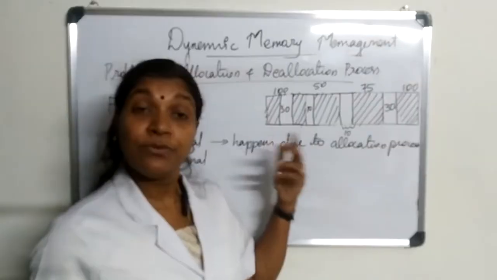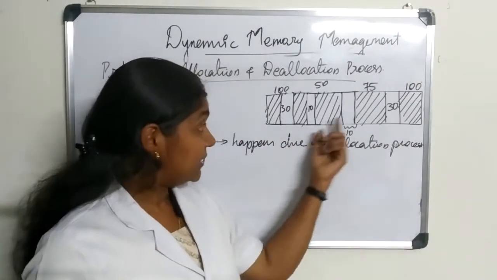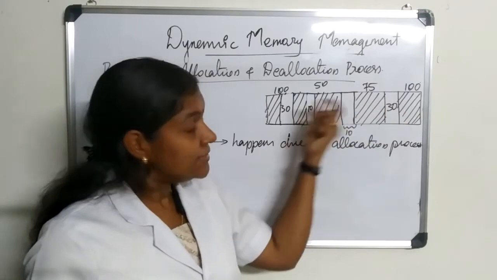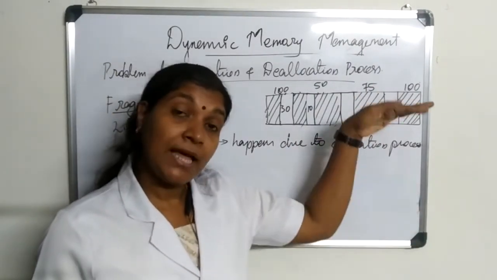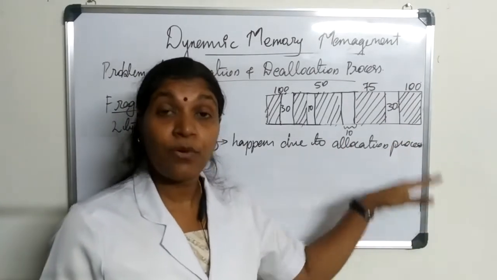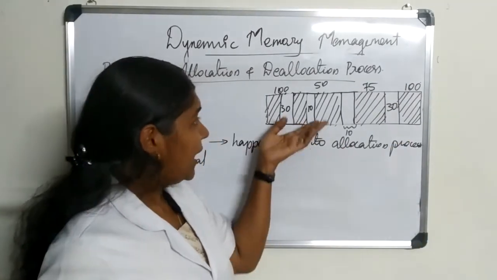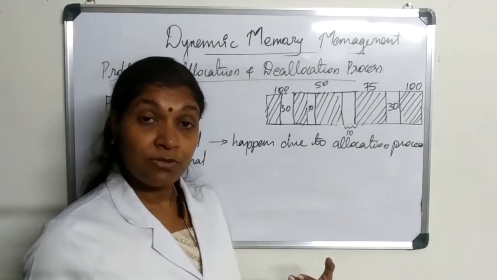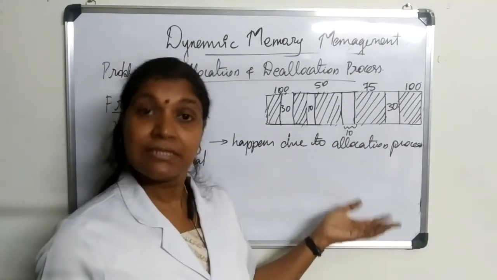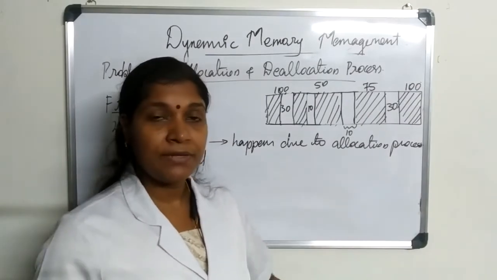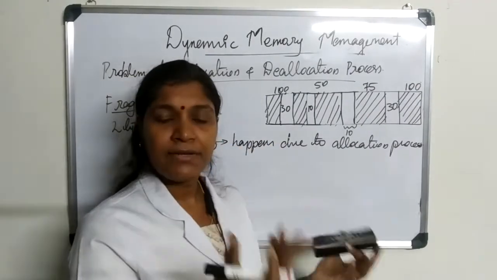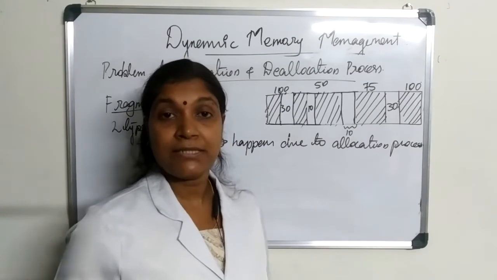That also creates the concept of fragmentation. Here we can see both these concepts are similar, but internal fragmentation happens due to the residue of the allocation process, and external fragmentation happens due to the deallocation process here and there. From the middle of a program, if it frees up a single node, then only 10 or 15 bytes get freed.